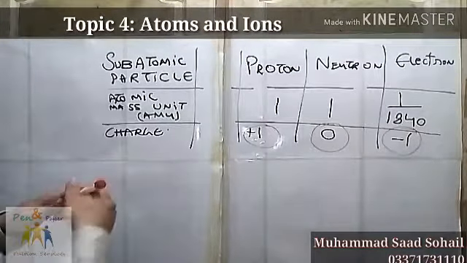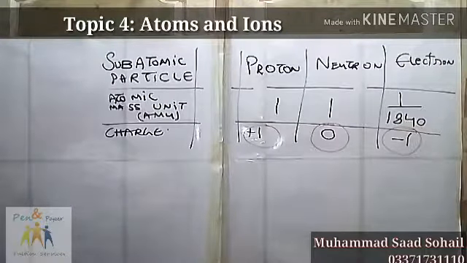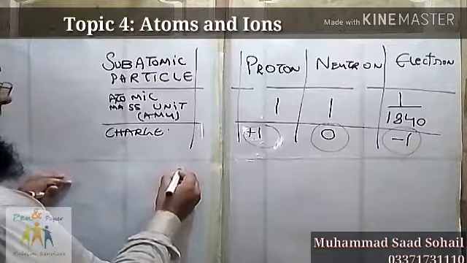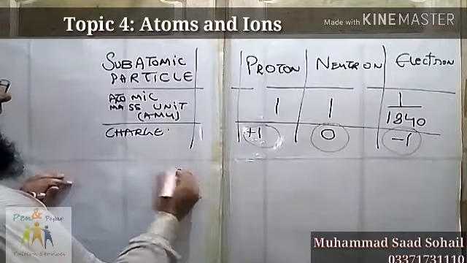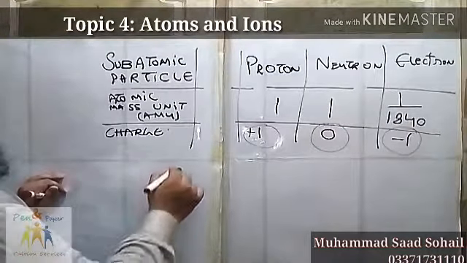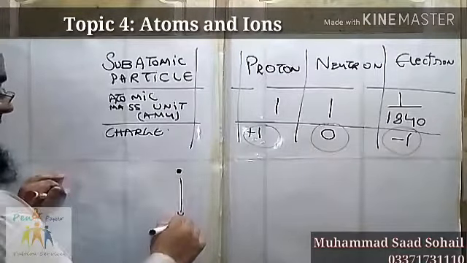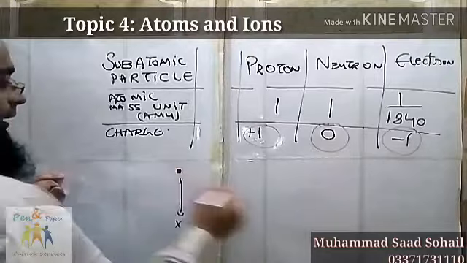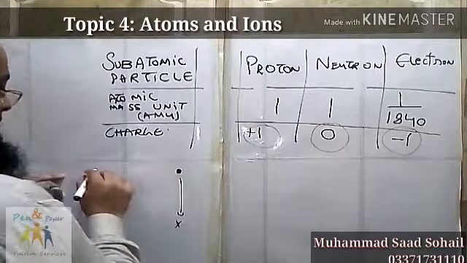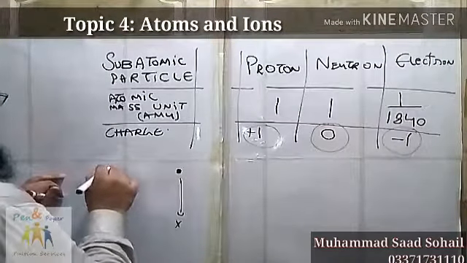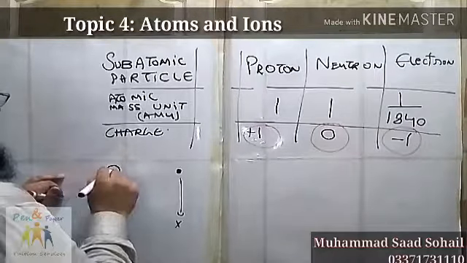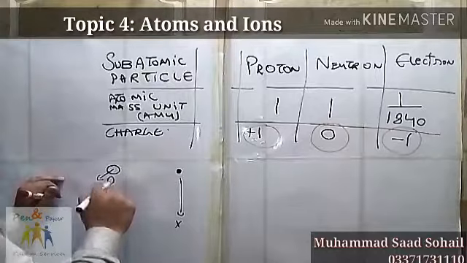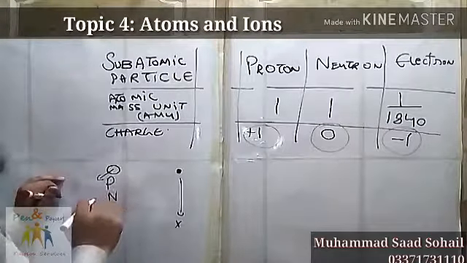Now, for example, if you see that there is an atom, let's say this is an element which is X. Now this element has a nucleus. Now this nucleus contains, what does it contain? Protons and neutrons.